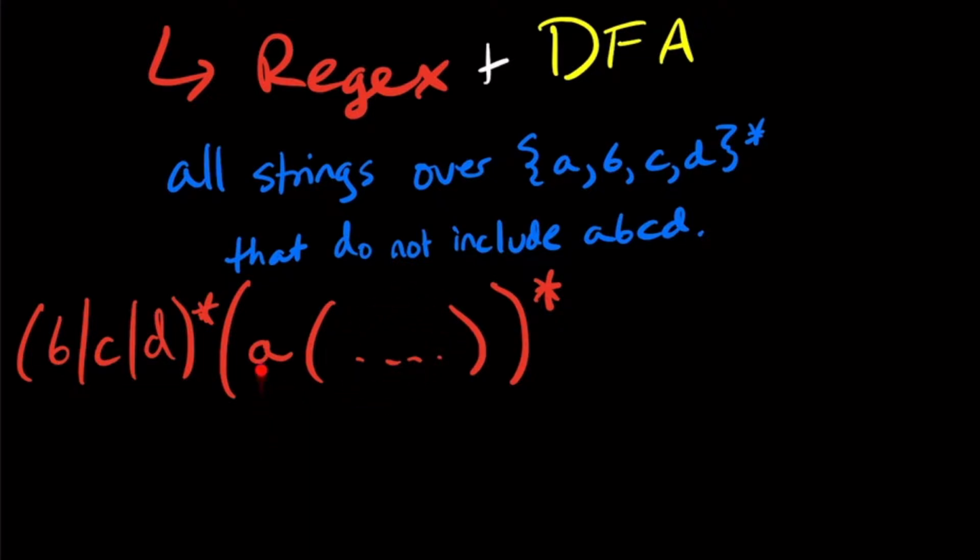The only occurrence of A is going to be right here at the very beginning. So in here, we're thinking about what can appear between consecutive occurrences of A. Well, we can't have B, C, D immediately appearing after it.